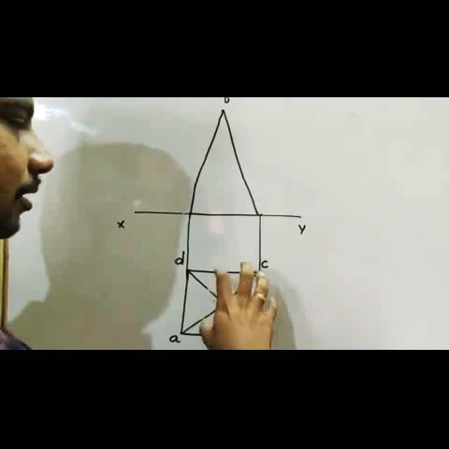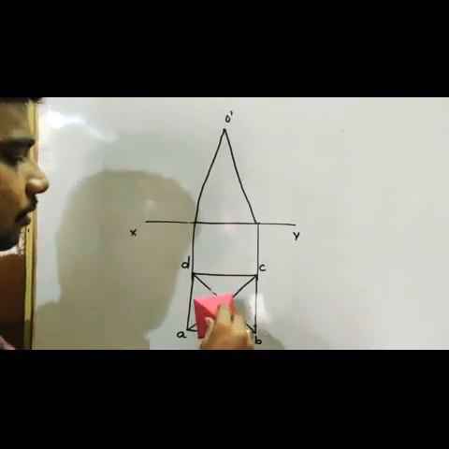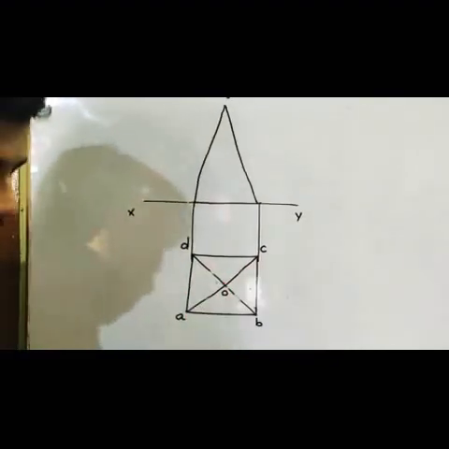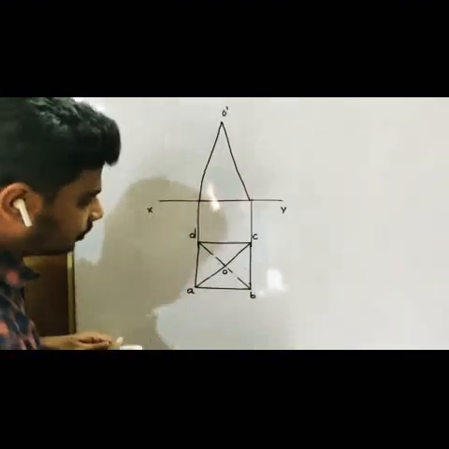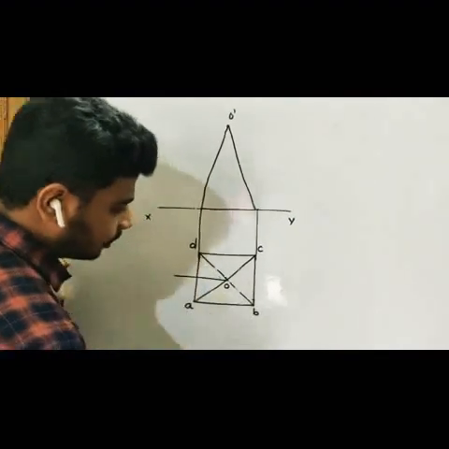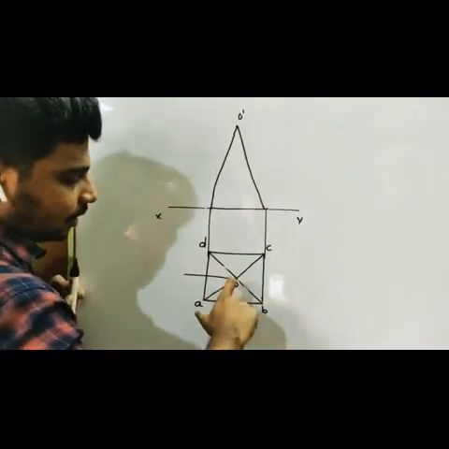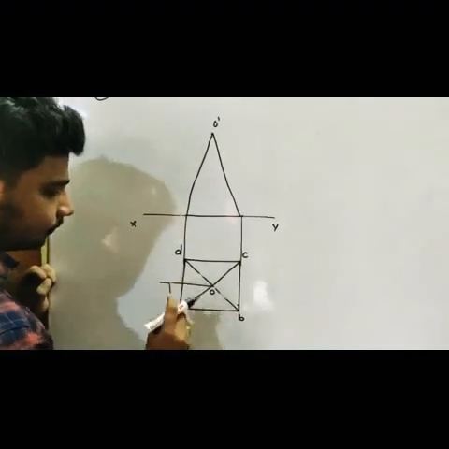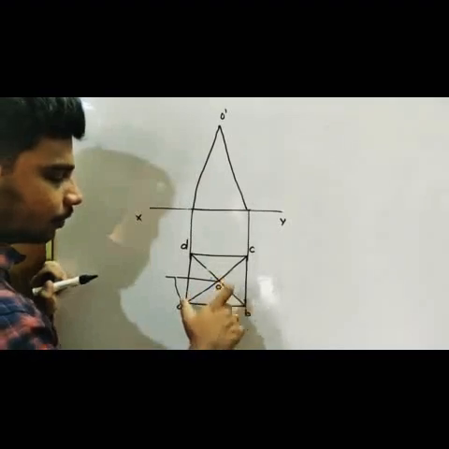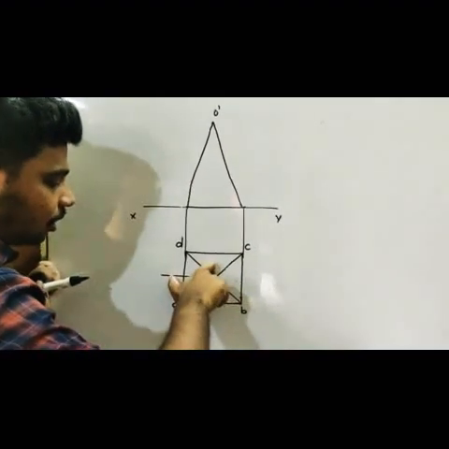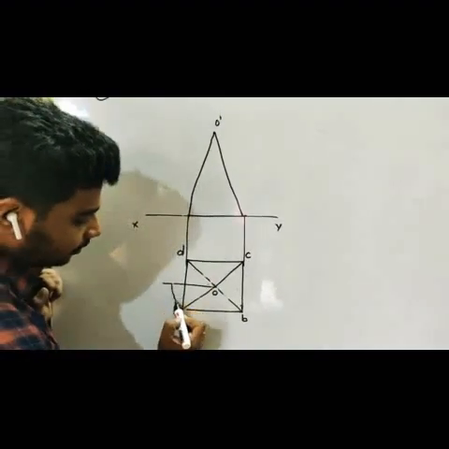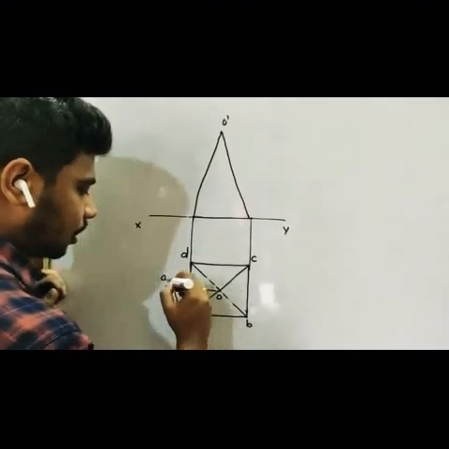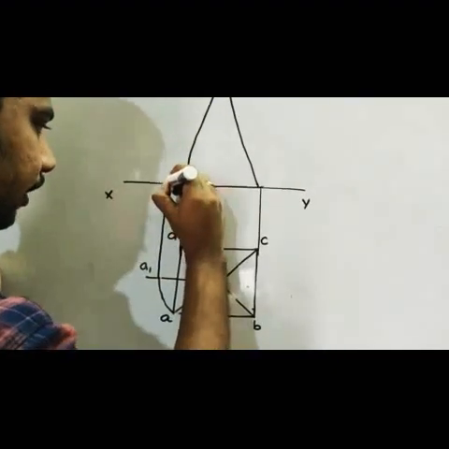So to find the true length of the object, what you have to do, so I have to draw like this, or else you have to draw one horizontal line, right? And you take a compass and you measure this length and you draw an arc which is cutting here. So O as a center, OA as a radius, you draw an arc and which is cutting at this point in this horizontal line, that is your A1, and you just project it on the XY line, right?